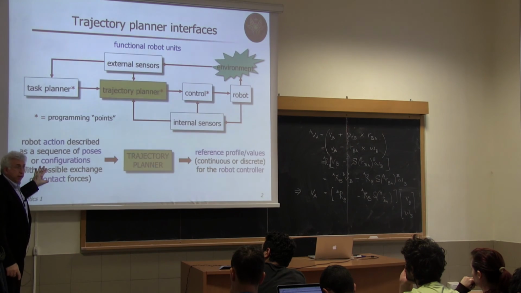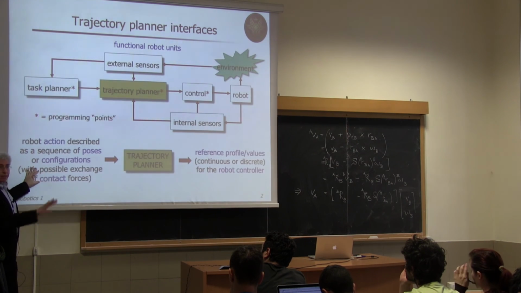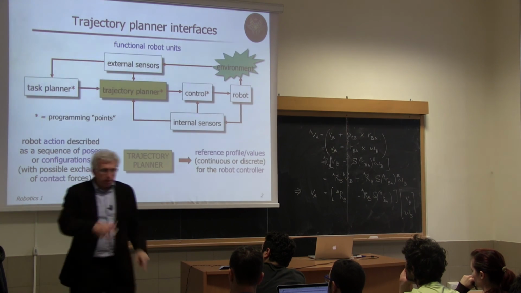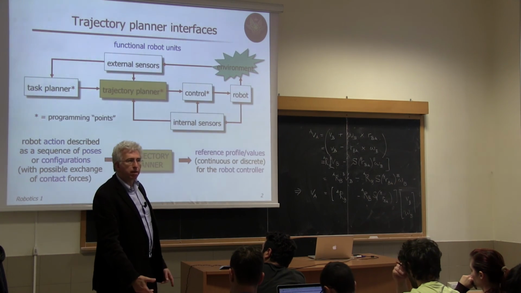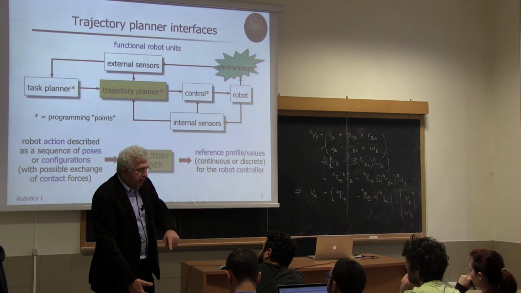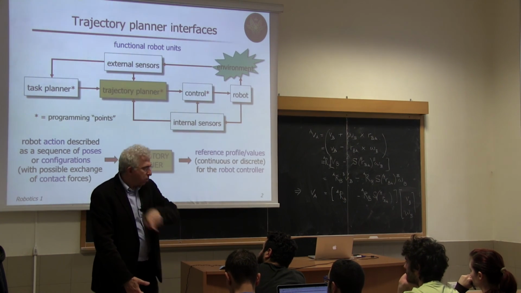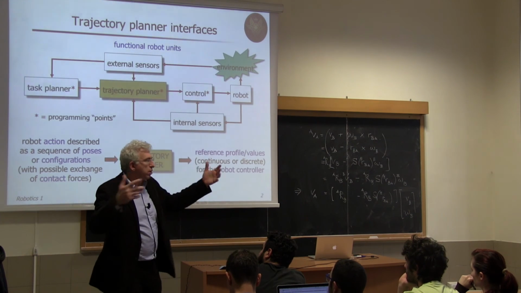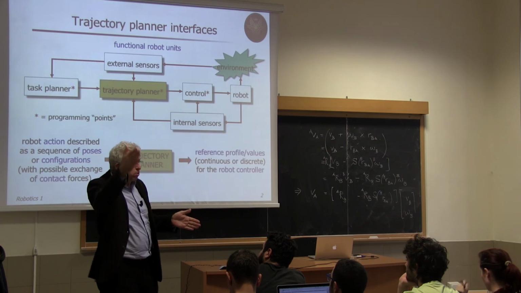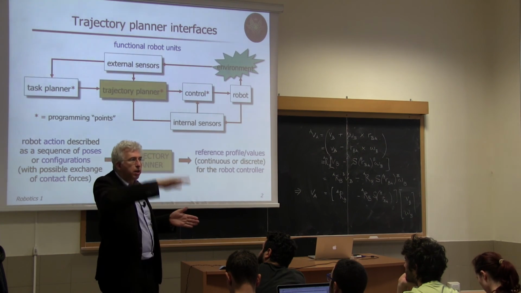Okay? By the way, and I'm saying it a couple of times and then removing this observation, many things can be associated also to force exchanges. Because I can say you should be there with this orientation, so I'm specifying a pose for the end effector frame. And in addition, the force along one of the three directions should be equal to whatever, or should go from 0 to 10 Newton meters going along a ramp.